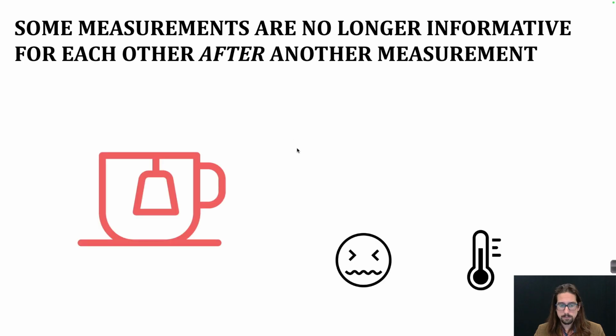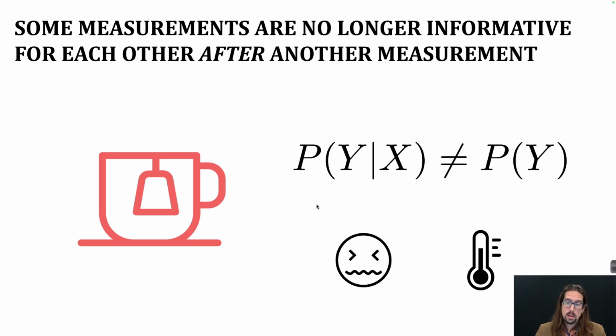For example, let's say we're considering a cup of tea, and we're asking about the temperature of that tea and whether or not it's bitter. It may not be the case that the probability of it being bitter is independent from the probability of it being hot or cold.